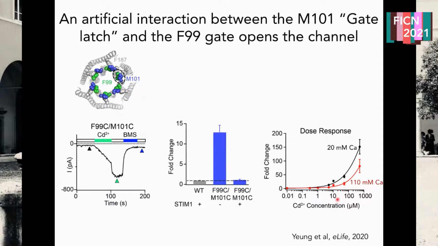And interestingly, if she increased the concentration of the permeant ion in the ion conduction pathway, you could significantly decrease this cadmium-induced gating effect of this double mutant, as if the cadmium mediating this effect can feel the concentration of flowing ions in the pore, which would be consistent with a location that is close to the ion conduction pathway.